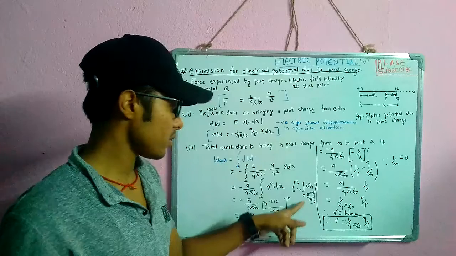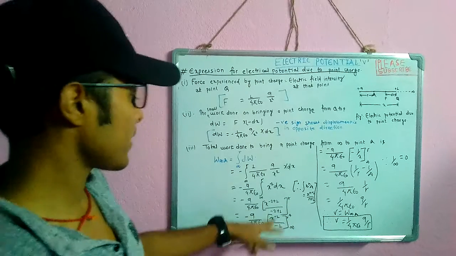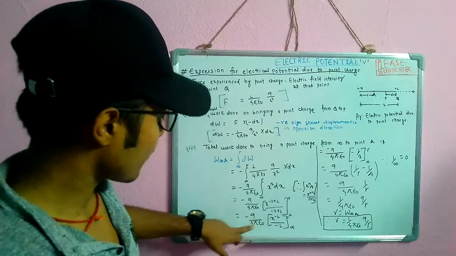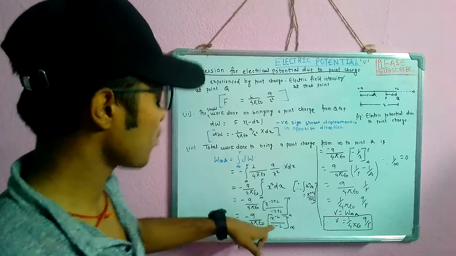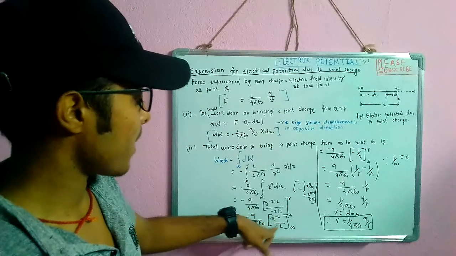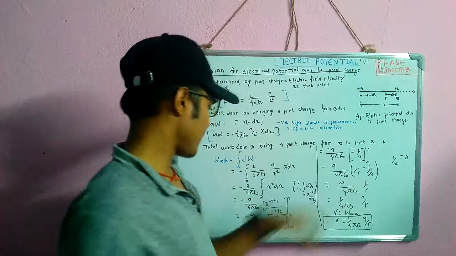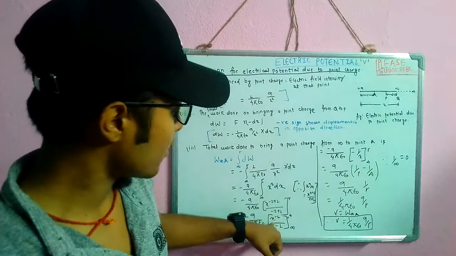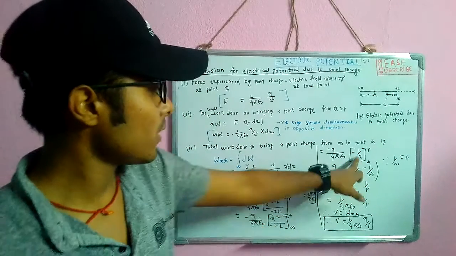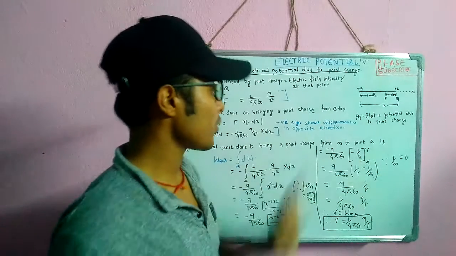So minus q upon 4 pi epsilon naught, x to the power minus 1 upon minus 1, from infinity to r, and we get 1 upon x. That's why this can be written as minus 1 upon x, from infinity to r.